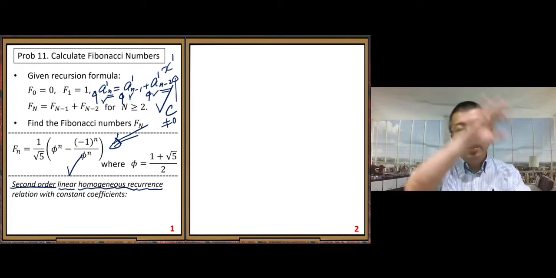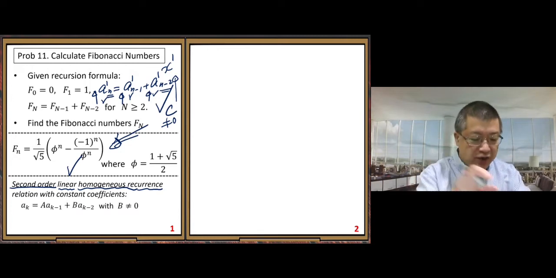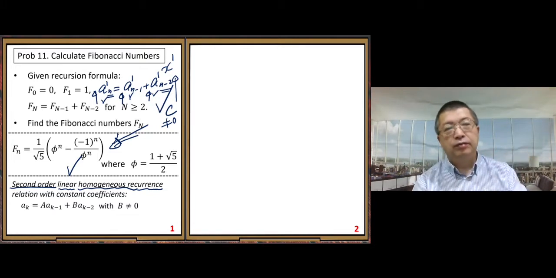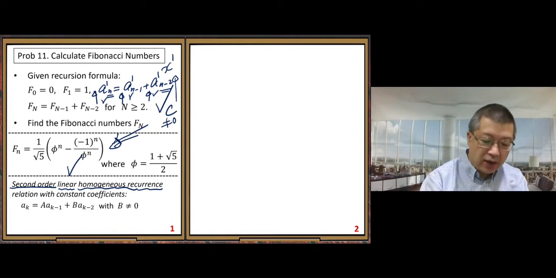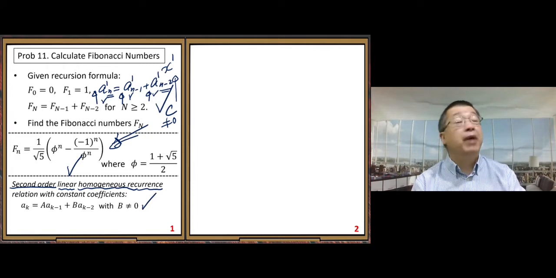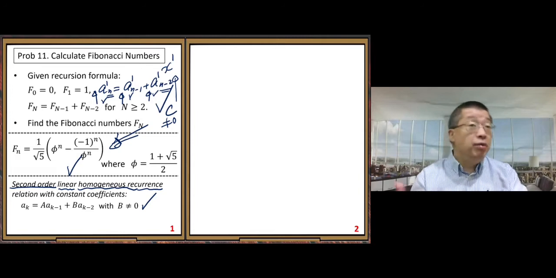So that's the general format of this type of recurrence relation. And here, b should not be 0, otherwise it won't be second order. It will be first order.